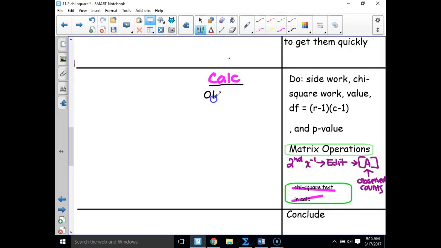It should say observed, expected. What does it say under it? Just calculate under that? Do you see these three things in your chi-square test? Does anyone not raise their hand? Okay.